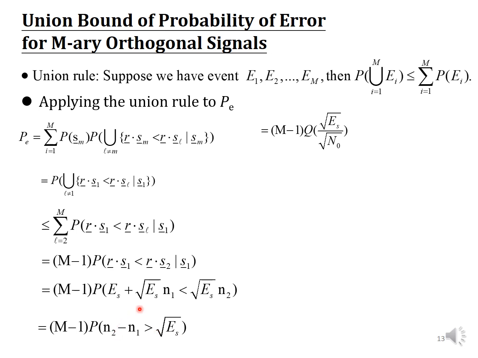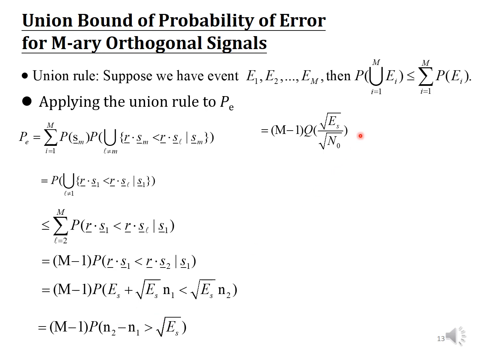This random variable has a variance of N0, and so this would be a Q function. This is where the integral starts, and this is the standard deviation of N2 minus N1. So this Q function represents this tail probability.